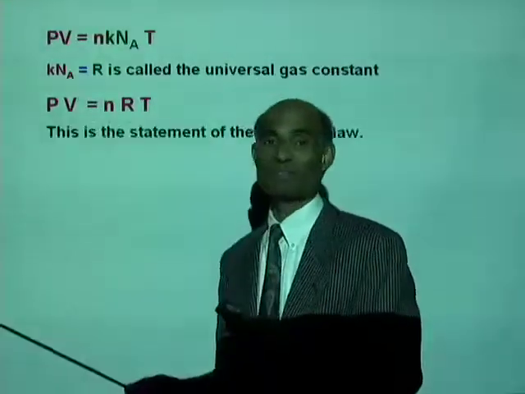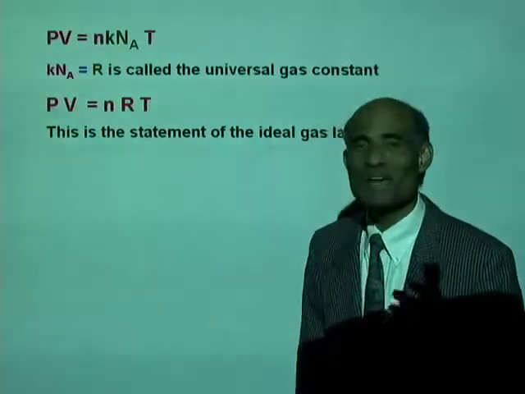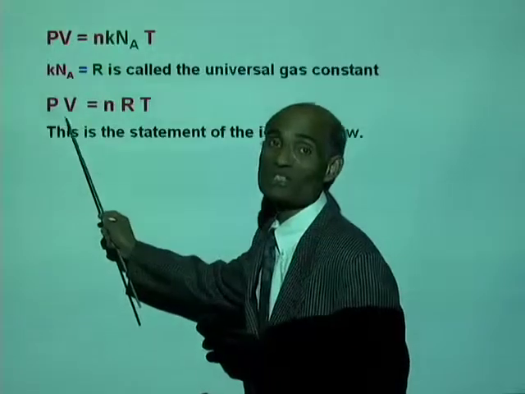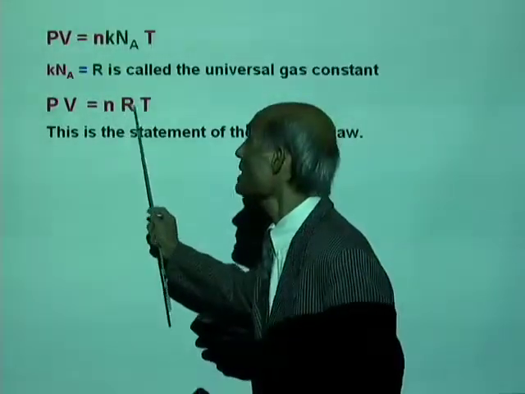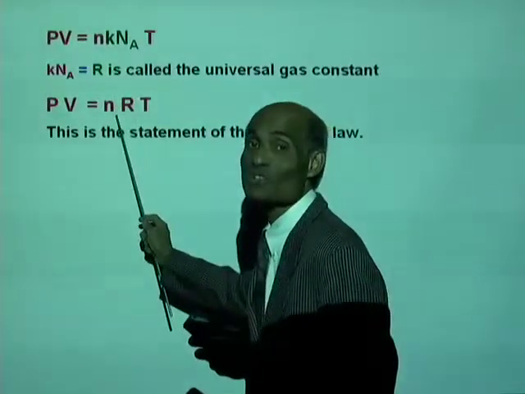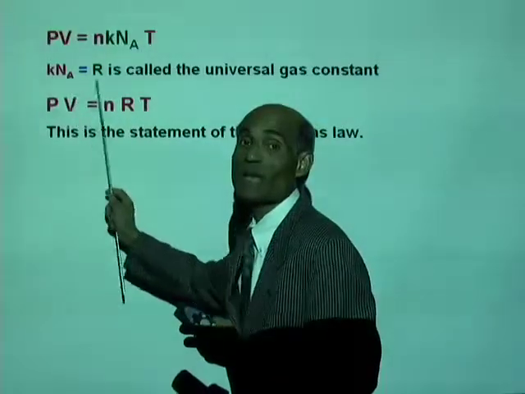So keep track of this. This is the statement of the ideal gas law. So what does the ideal gas law tell you? Pressure times volume equal to nRT, where n is the number of moles, R is the universal gas constant, given by k times Na, times T.